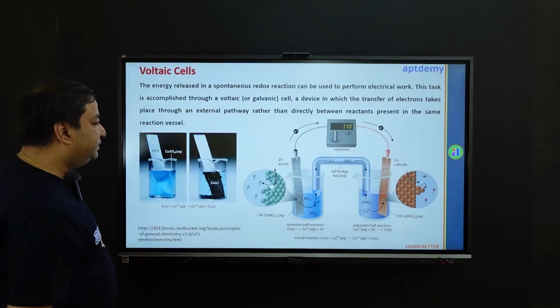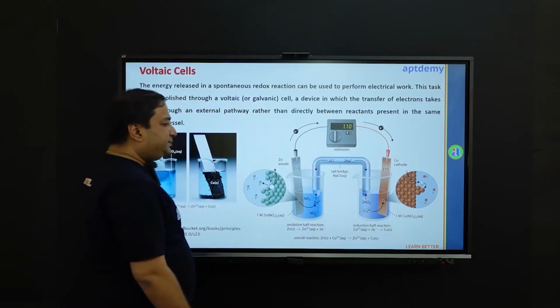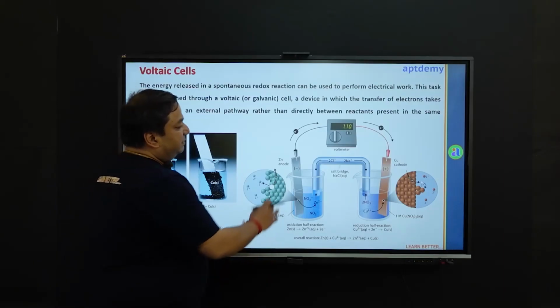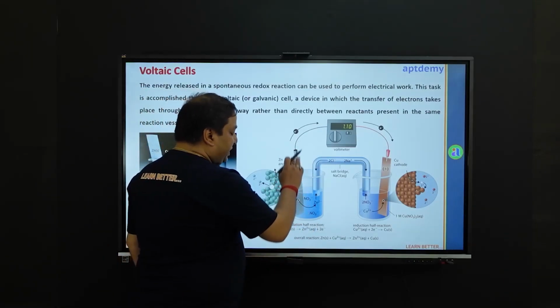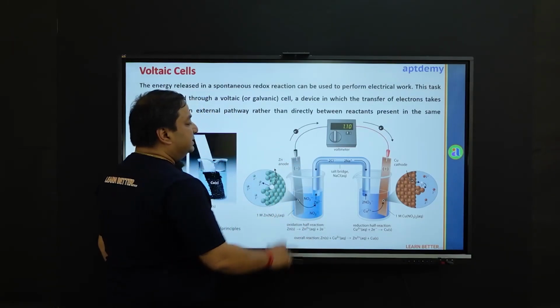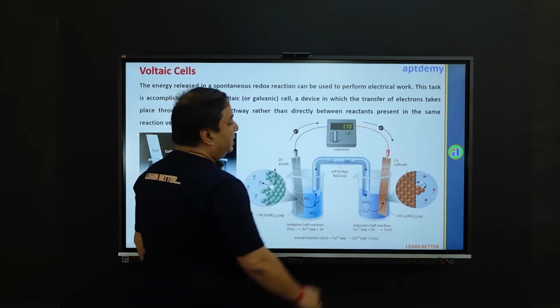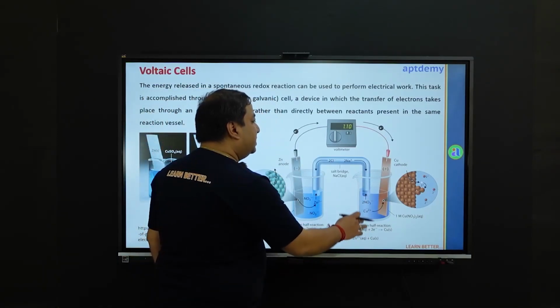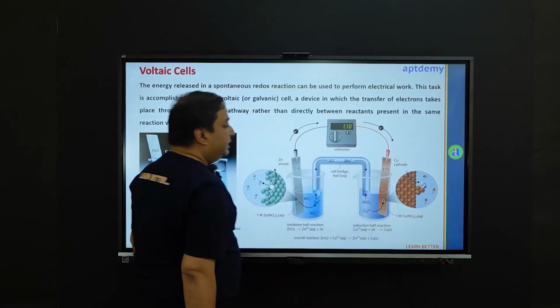But however, if we consider a separate type of apparatus in which we are seeing there is a beaker in which we are having zinc nitrate in aqueous solution, and in that we are having a zinc plate being dipped inside it, and in another beaker we are having copper nitrate, in which we are having a copper plate being dipped inside it.